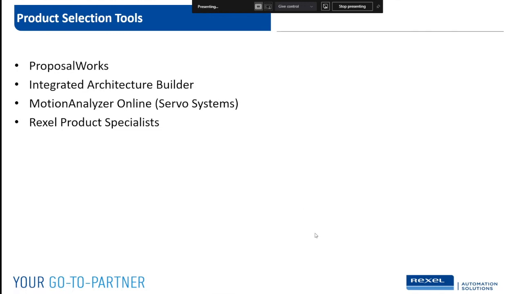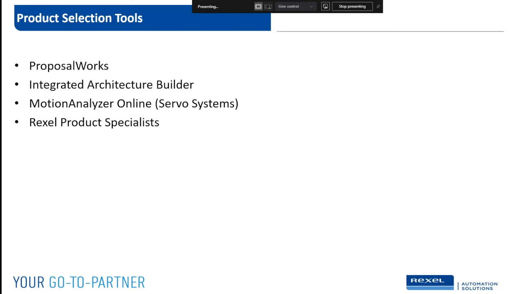Yeah, no, and so good stuff. Want to make you aware of some of the product selection tools that we do have. So Proposal Works to help put together a complete motion or motor system. We also have Integrated Architecture Builder, which you can use to validate your system. So if you have a certain number of axes, especially in motion, you have to have the right size PLC to control that.